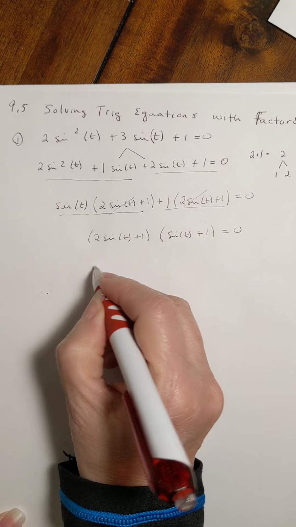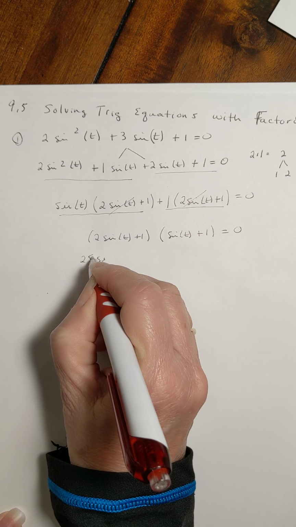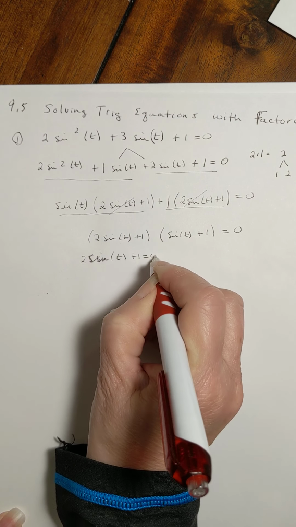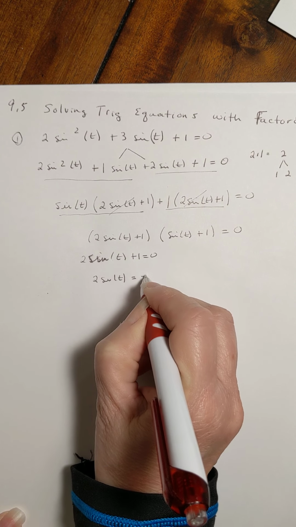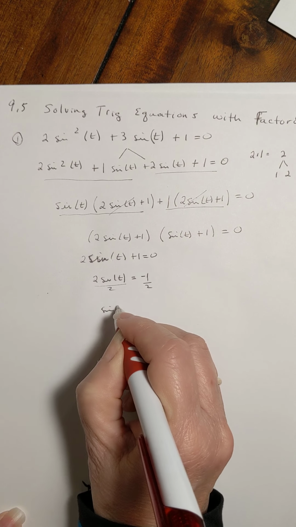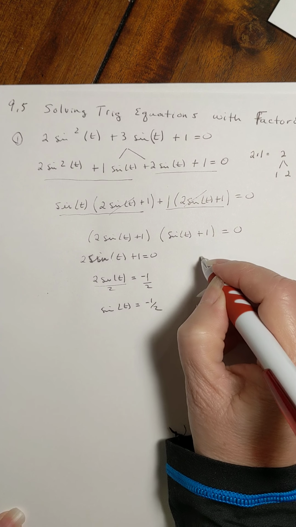So if 2 sine of t plus 1 equals 0, then 2 sine of t equals negative 1, subtract the 1, and then divide by 2. So sine of t is equal to negative 1/2.